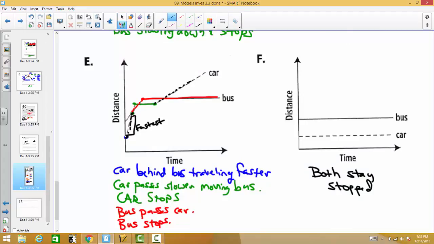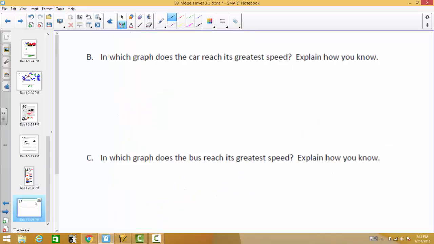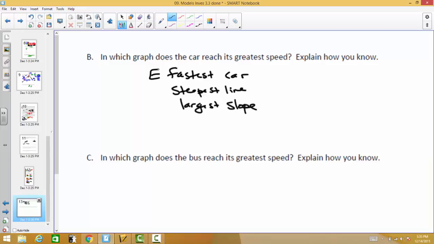That's where I think the car's the fastest, because it's the steepest line. It's going to be the biggest slope. And then the bus is the fastest.